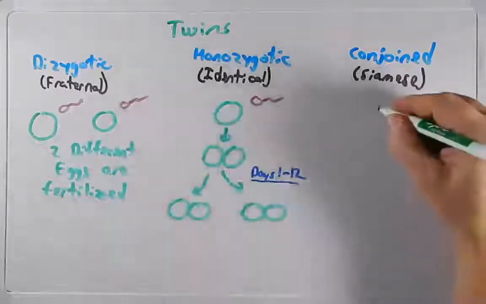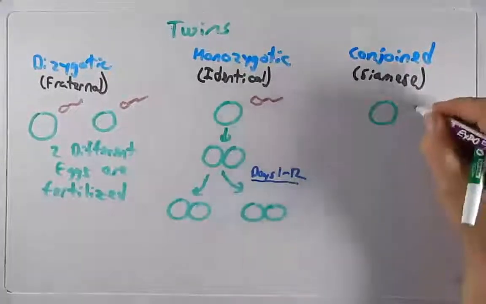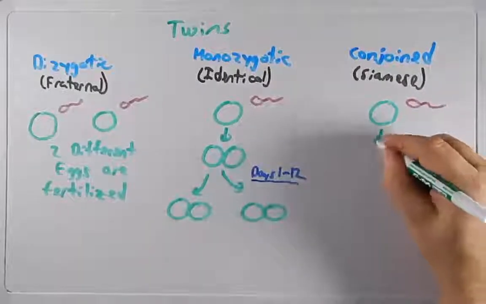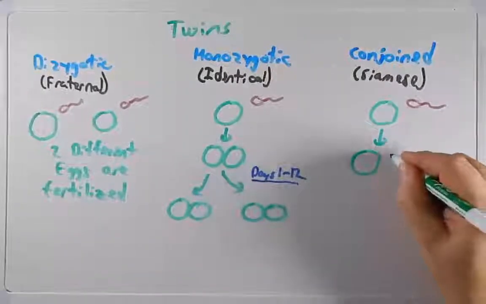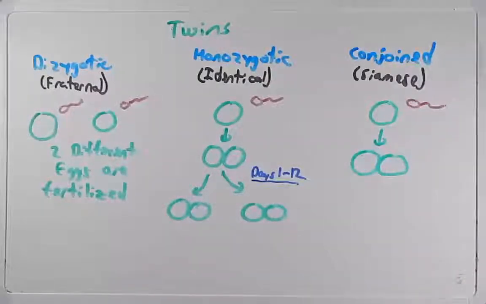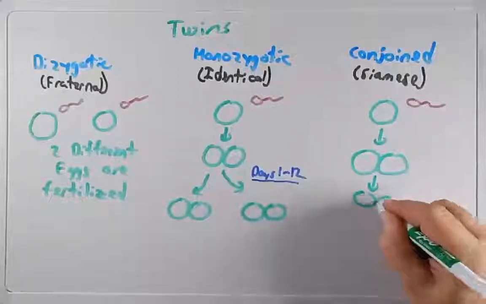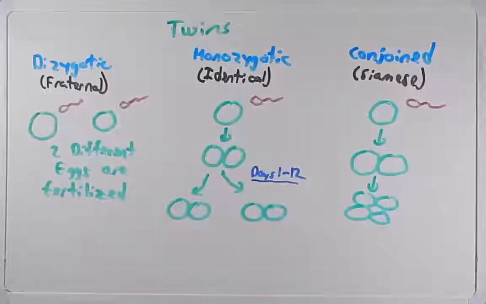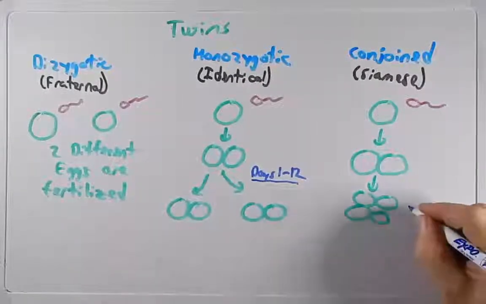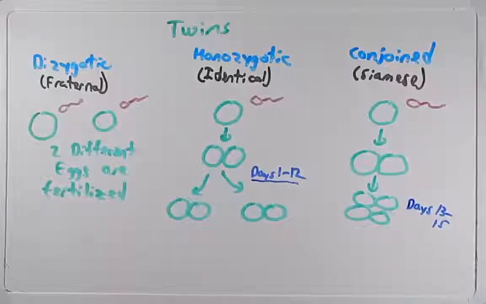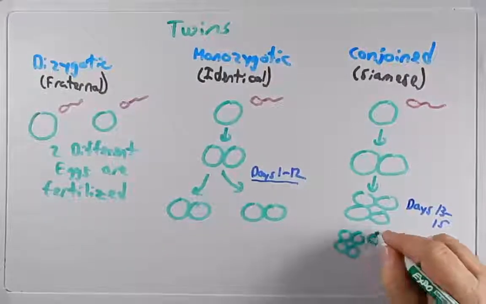So, conjoined twins, again, a single egg is fertilized. It will divide as a single embryo for a certain period of time. But by the time it gets to, so let's draw some more cell divisions here, days 13 to 15, if it divides after that into two separate embryos, they will be conjoined.